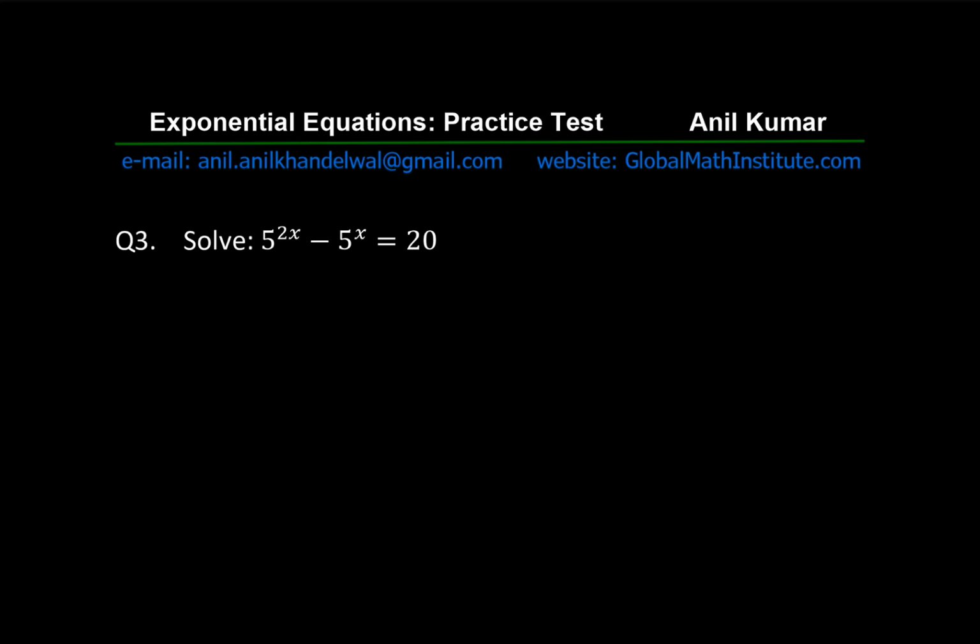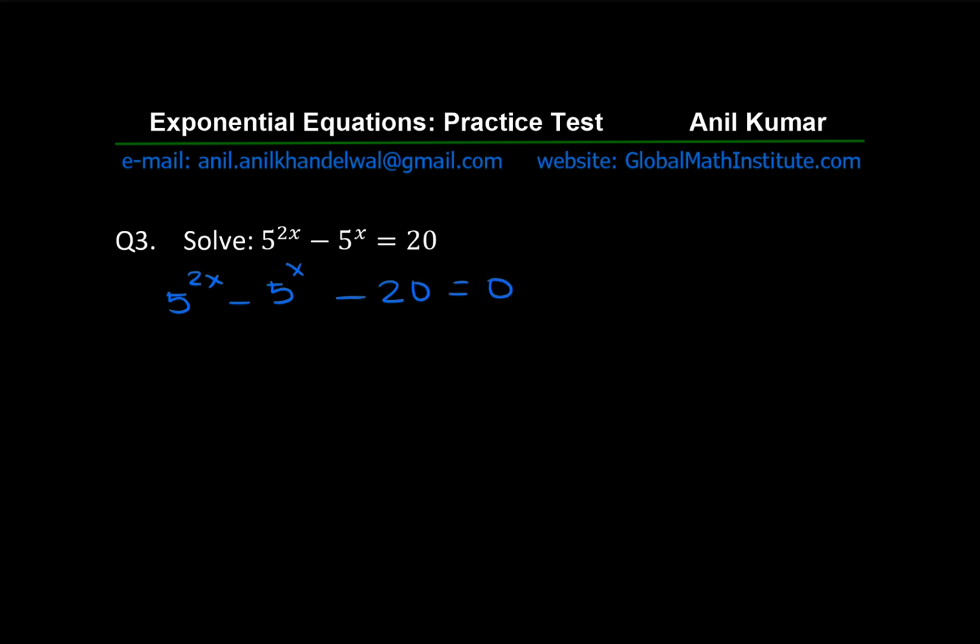Question number 3 here is 5 to the power of 2x minus 5 to the power of x equals 20. Let us rewrite this equation. It is 5 to the power of 2x minus 5 to the power of x minus 20 equals 0.